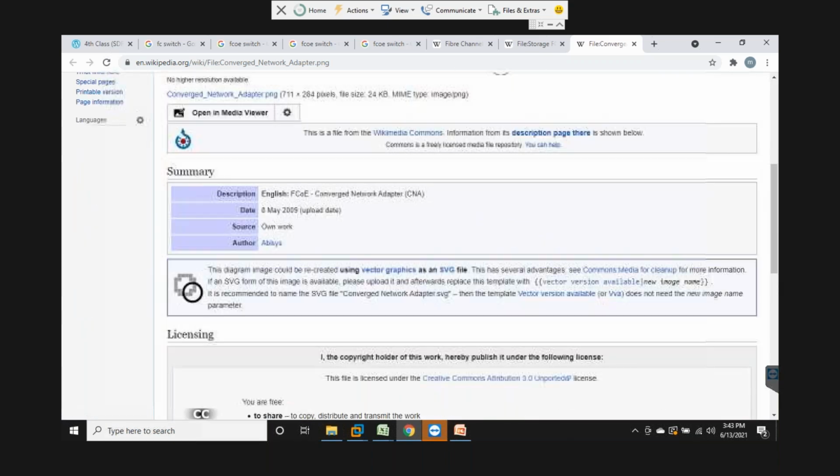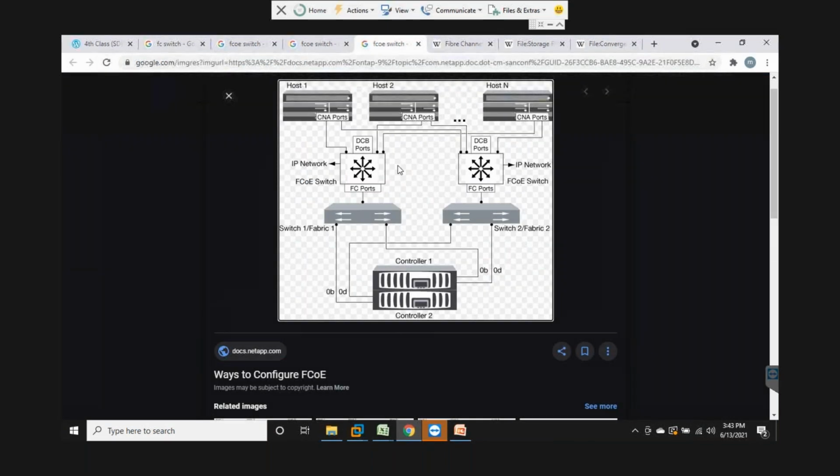Let me give you one real picture of an FCOE switch.